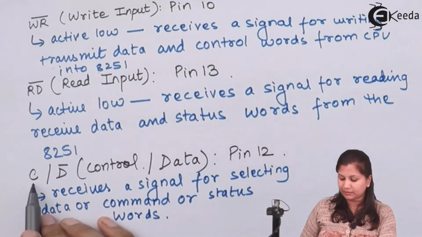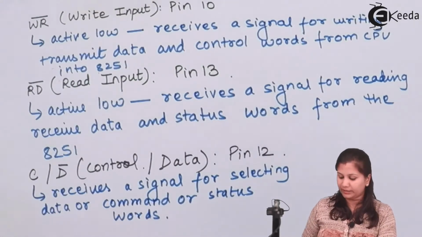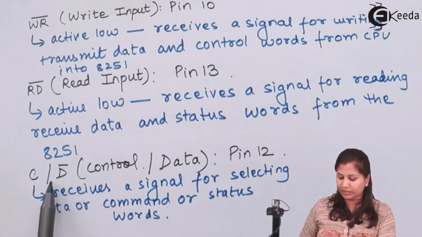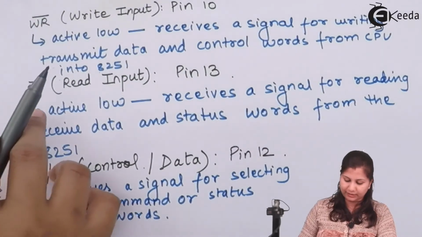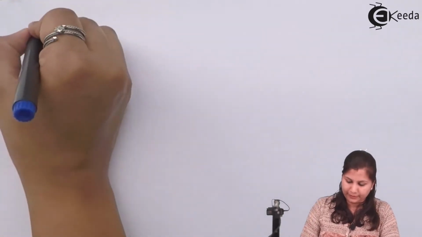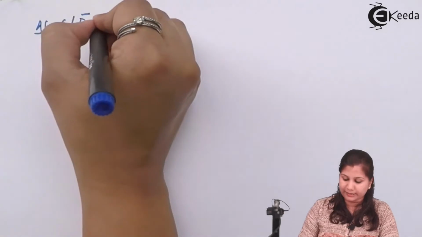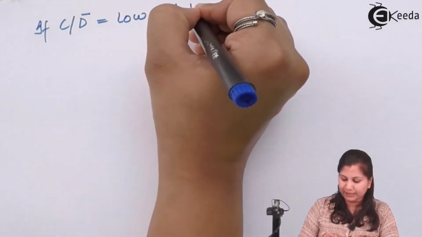So when this signal is high, means when its value is 1, then command words and status words are available, and when its value is 0, then data is available. So we can say that if this C comma D bar pin is low, data will be accessed.